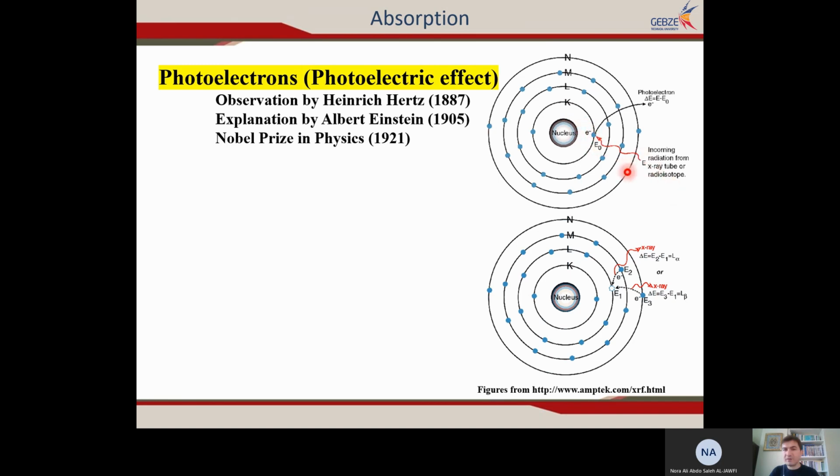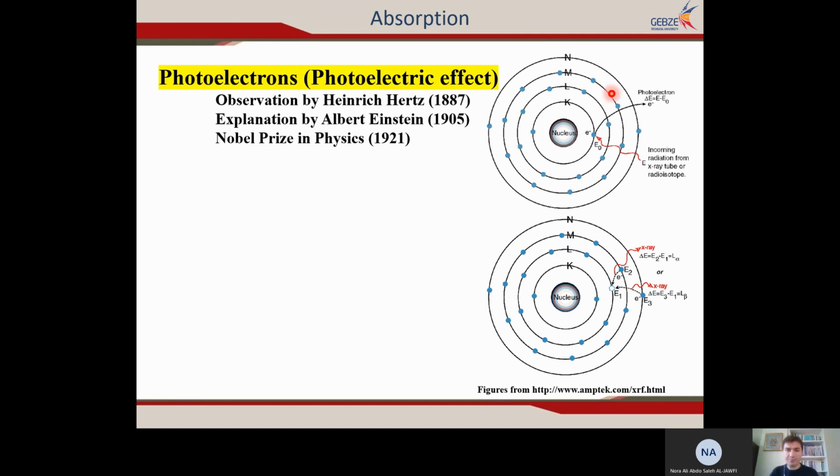So if this incoming X-ray has enough energy to take this electron out of the atom, to make it free, then here we have a photoelectron. You can consider it an electron produced by a photon. The energy of the X-ray is transferred to the electron, and the electron has some certain kinetic energy here. So this is the photoelectron, and we will use them in many X-ray based methods.